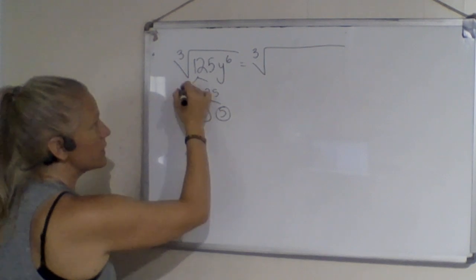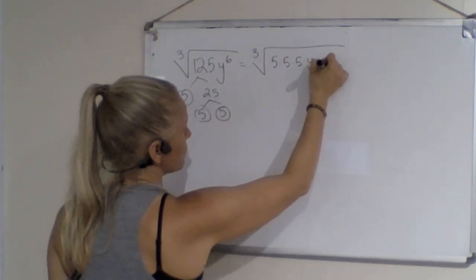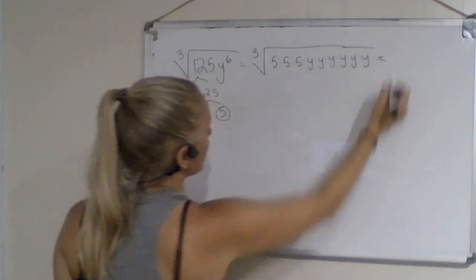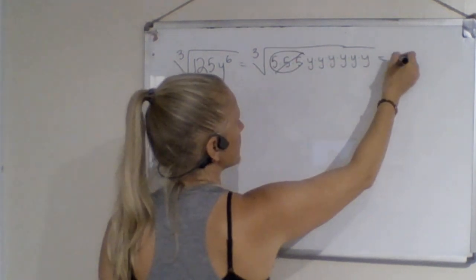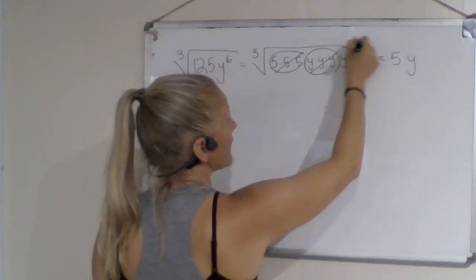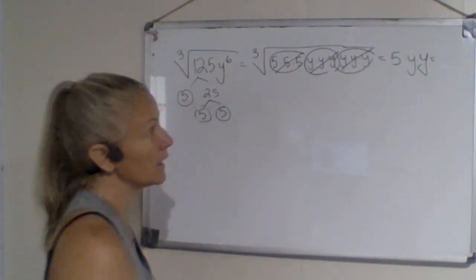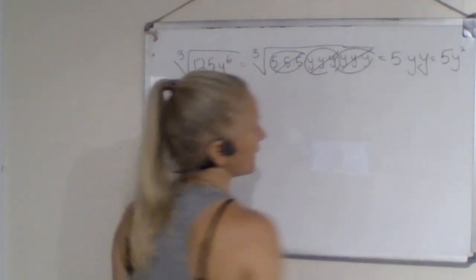They're all prime, so this becomes 5 times 5 times 5 times y times y times y times y times y times y. I need 3 of a kind to pull one out. I have three 5s, so I can pull one out. There are 3 y's, so 1 comes out. I have another 3 y's, so 1 comes out, and there's nothing left under the root. So this just becomes 5y to the second.